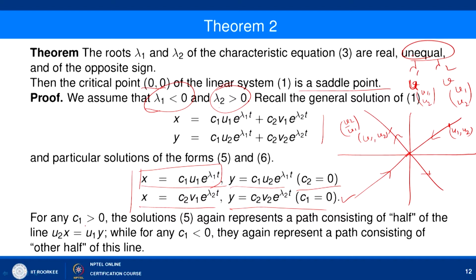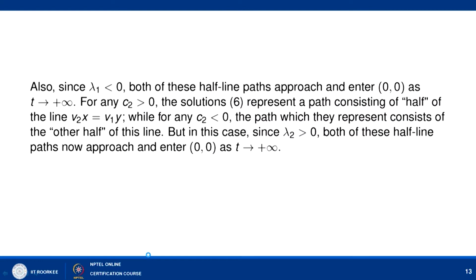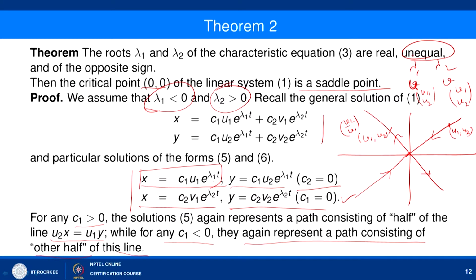So for any C1 positive, the solution 5 again represents a path consisting of half of the line u2 x equal to u1 y, while for any C1 less than 0, they again represent the path consisting of the other half of this line. Also, since lambda 1 is less than 0, both of these half-line paths approach and enter (0, 0) as t tending to infinity, depending on whether C1 is positive or negative here.